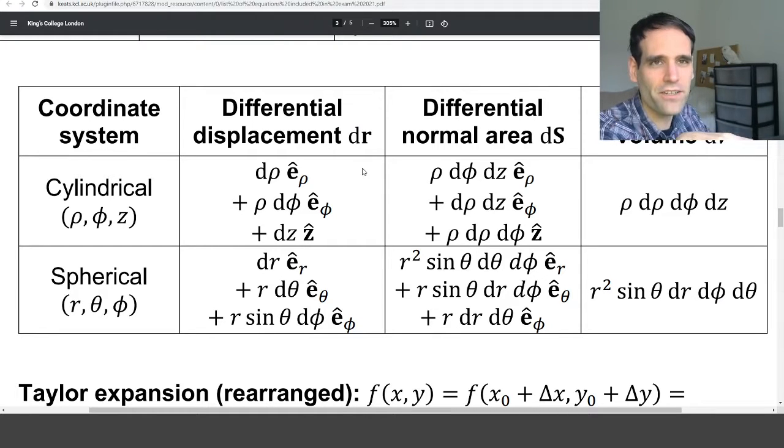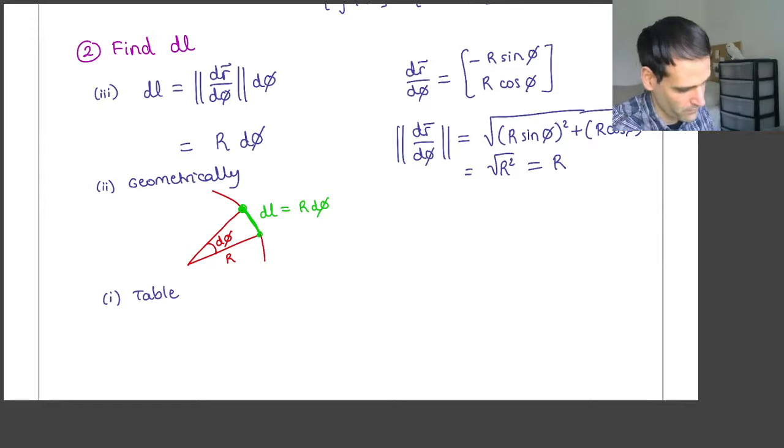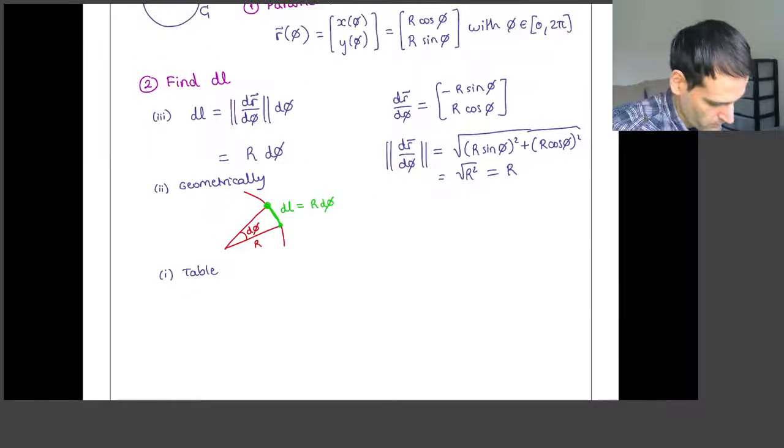Later in the chapter you will see when we use vector dr. But for now we are using the scalar dl, which is just the norm of the vector dr. So we are left with this, we calculate the norm, so it's rho times d phi, which is exactly what we found in the other two methods. So we are always back to the same thing.